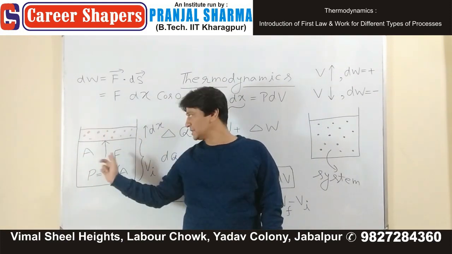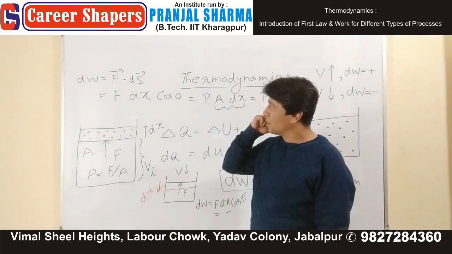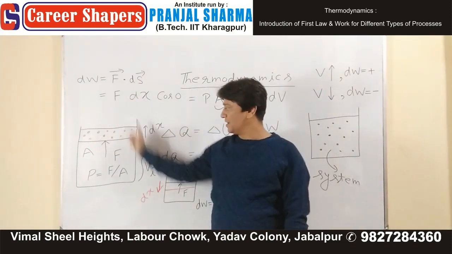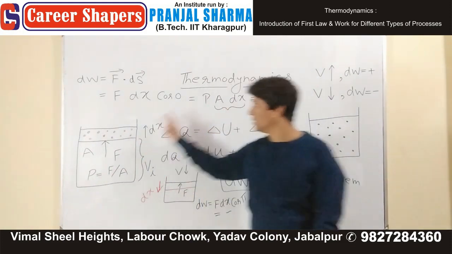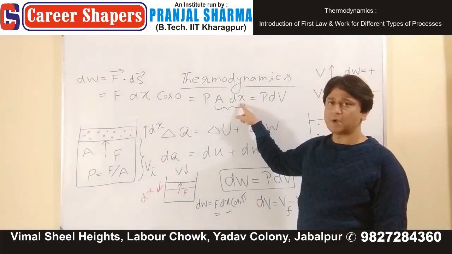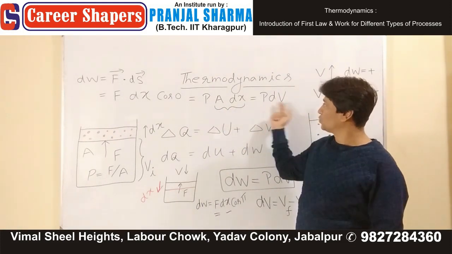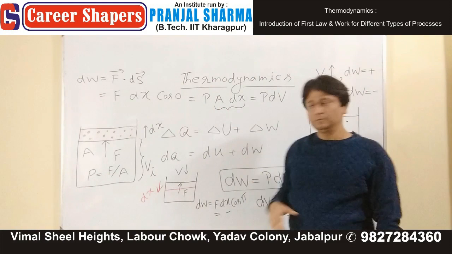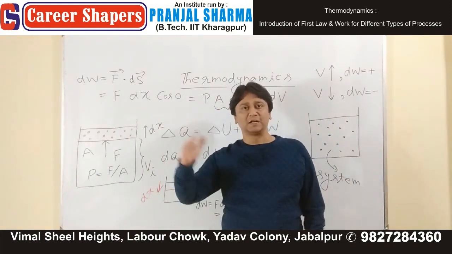Instead, we are interested in the volume change, and therefore replace F using this formula. F becomes P into A. Put it here, multiplied by dx. This A into dx is dV.